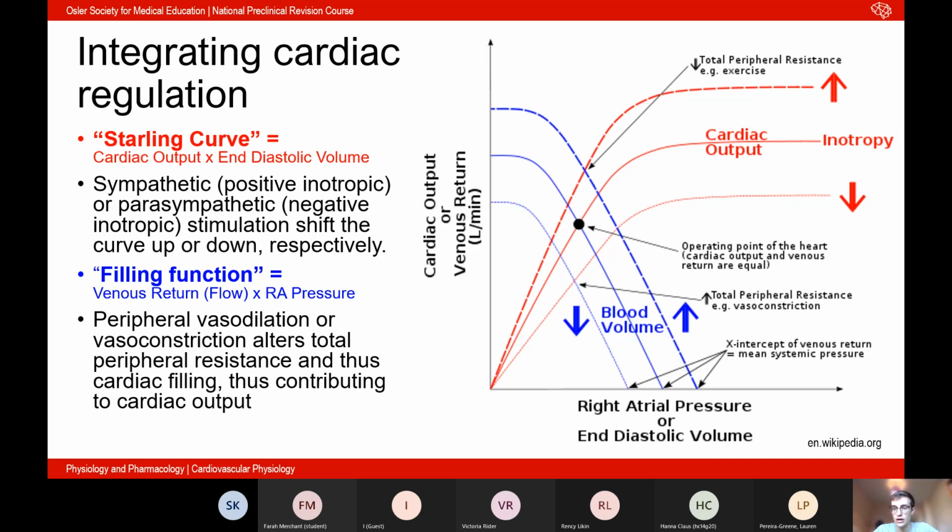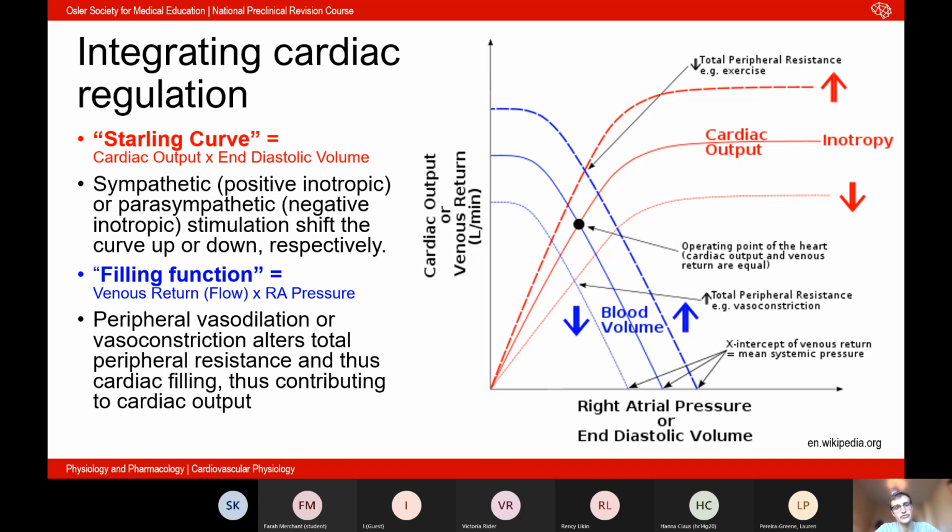And if you have sympathetic activity, then you get these stepwise changes, which are represented by the different red lines. So as you have sympathetic activity that increases the contractility of the heart, then the Starling law is kind of exaggerated and you get a stronger effect.